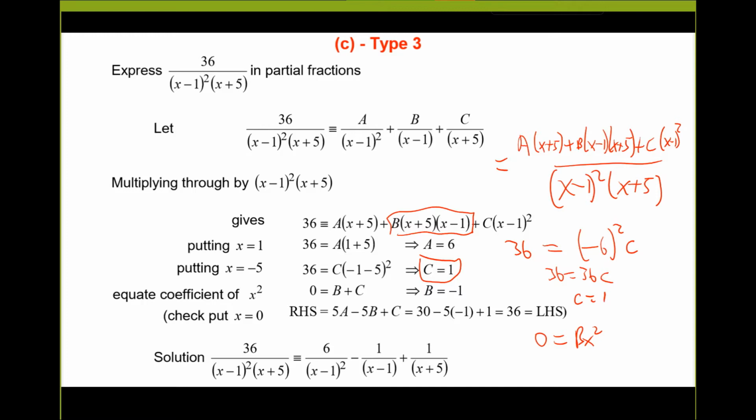Therefore, b plus c equals 0. And if c is 1, b is negative 1. Okay, any questions on how we solved this one?